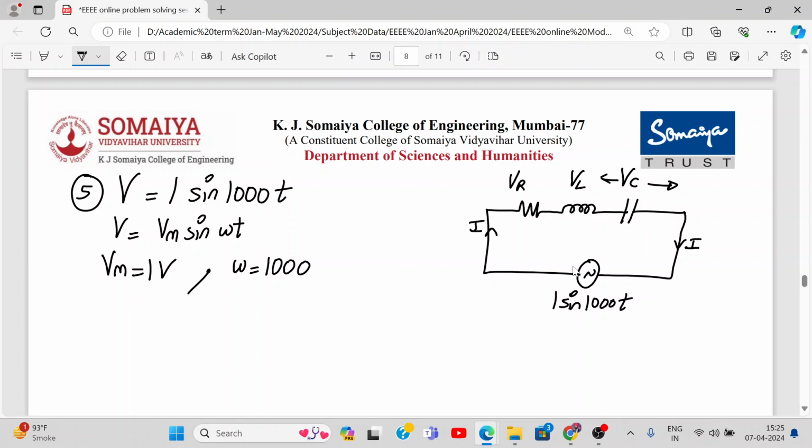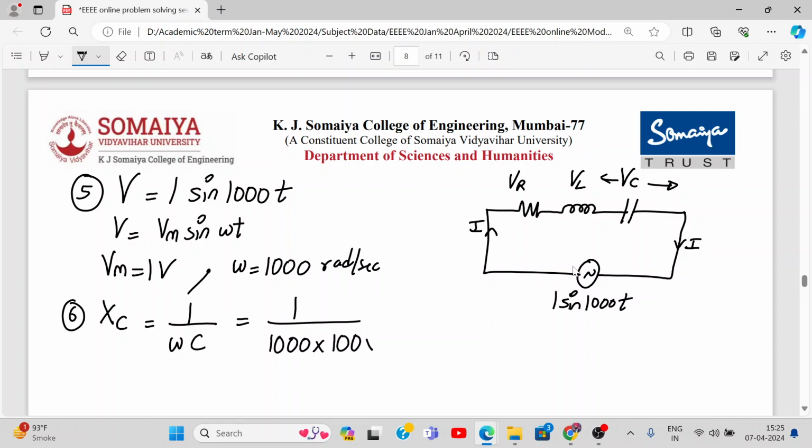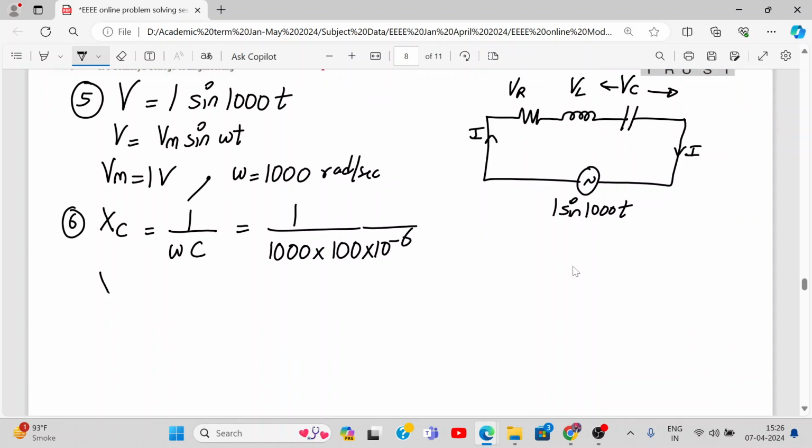Yes or no? Now tell me how much is XC. 1 upon omega C, right? So it is 1000 into 100 microfarad. So tell me what is the answer XC? Is it 10?